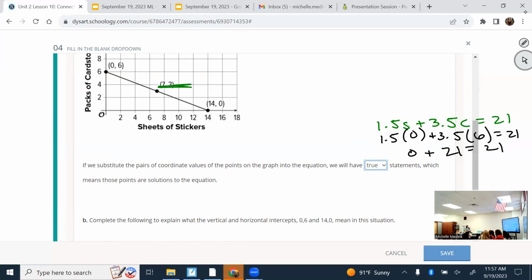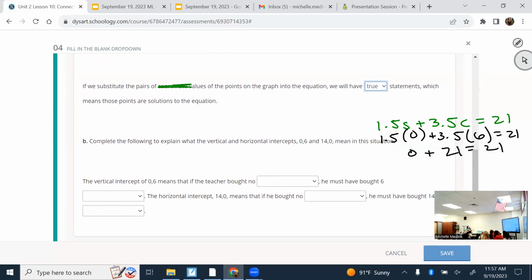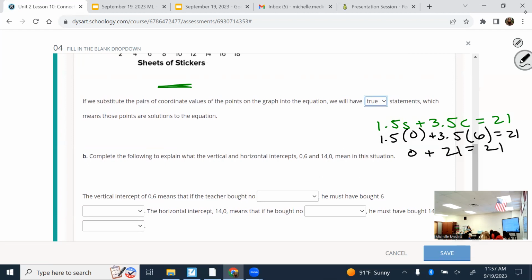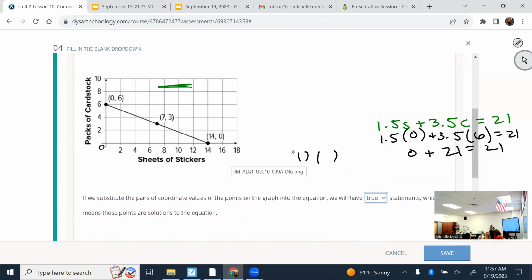Anyway, complete the following to explain what the vertical and horizontal intercepts, these should be in parentheses by the way, mean in this situation. The vertical intercept of (0, 6) means that if the teacher bought no blank, he must have bought 6 blank. An easy way to tell is to look at how this is labeled. What's on the x-axis?